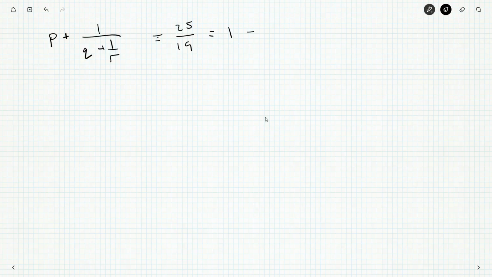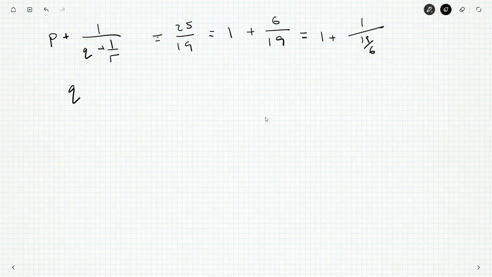So we get 1 plus, and then we've got 6 over 19 is what's left over. Okay, I'll change that to 1 over 19 over 6, because when we do the reciprocal, fractions invert. So Q plus 1 over R has got to be 19 over 6.